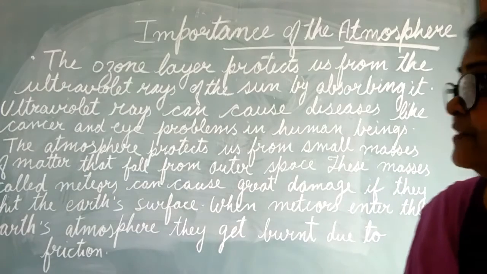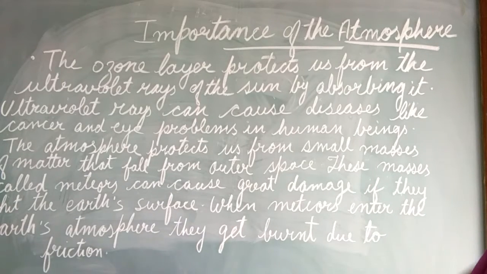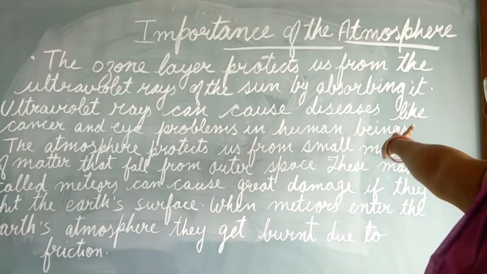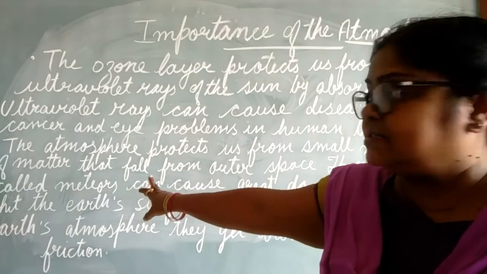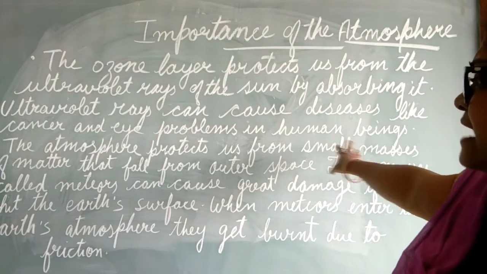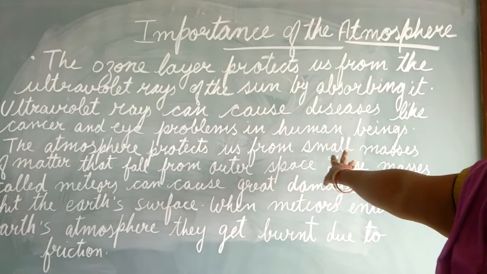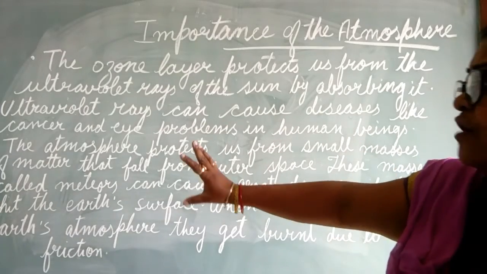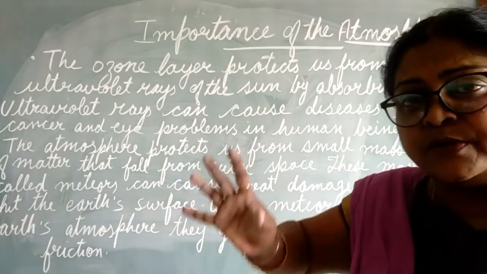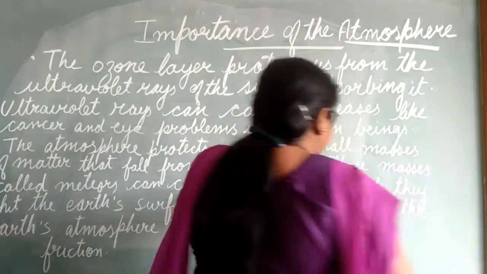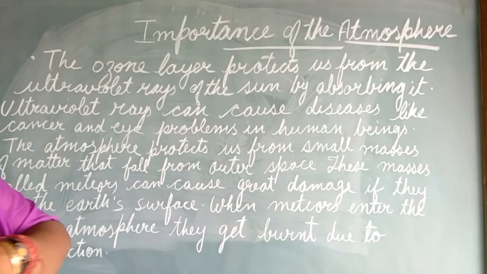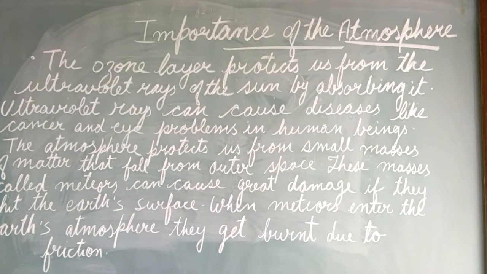The atmosphere protects us from small masses of matter that fall from outer space. Understood? What does this atmosphere do? It protects us from small masses of matter that fall from outer space. What do we call these masses?